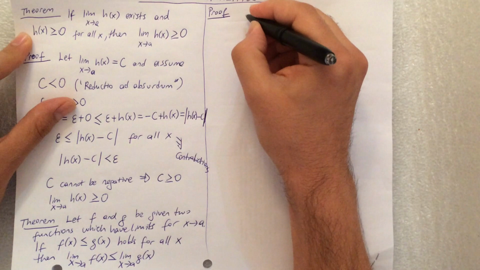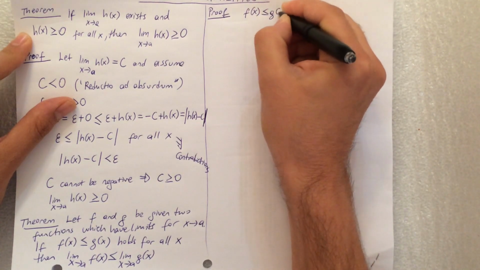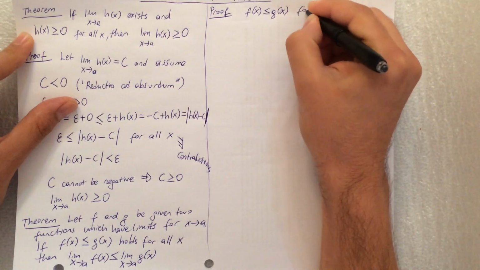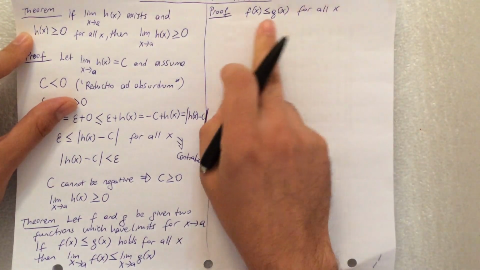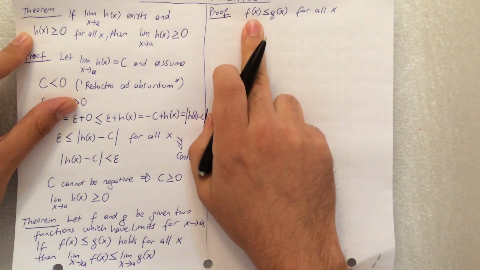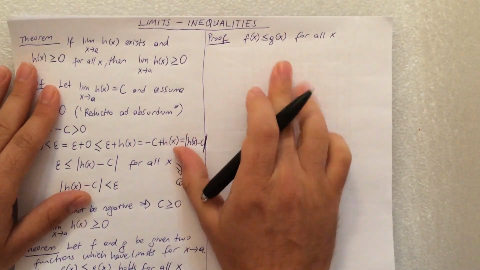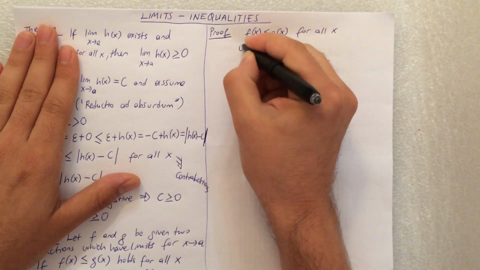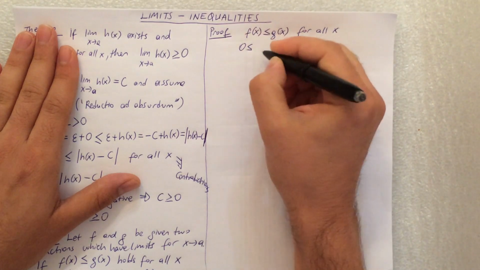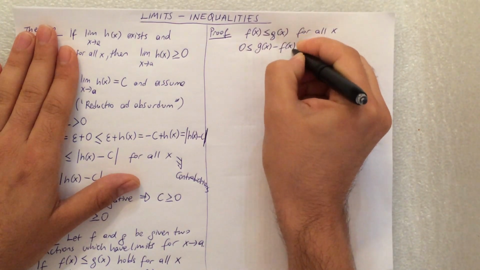Let's say f(x) is less than or equal to g(x) for all x. This means that if I take this f(x) to the right hand side, we're going to have 0 less than or equal to g(x) minus f(x).